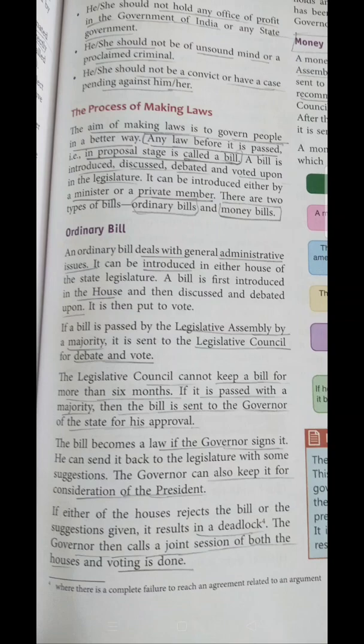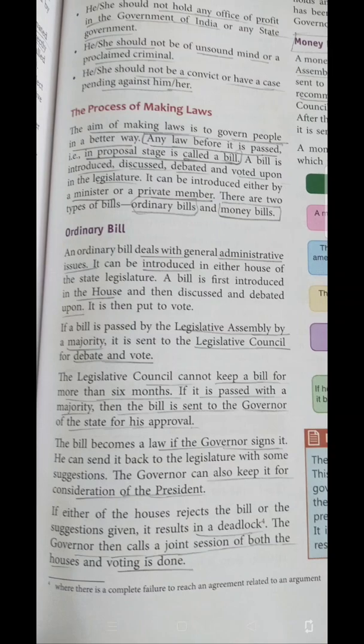Any law, before it is passed, is at the proposal stage, known as a bill. Like I am a member of any of the houses, whether legislative assembly or legislative council, and I make a bill because I think this law is very essential to be implemented in the state.